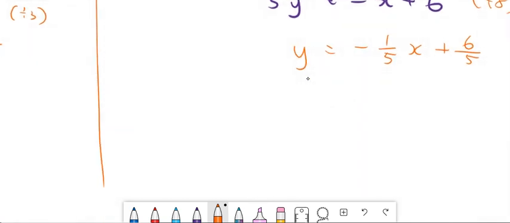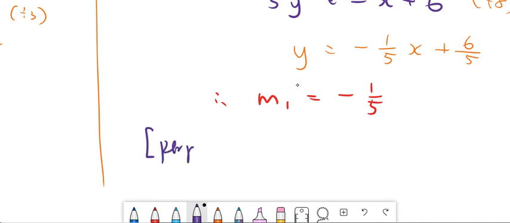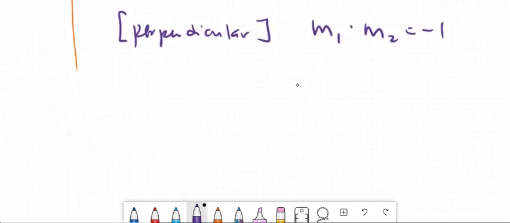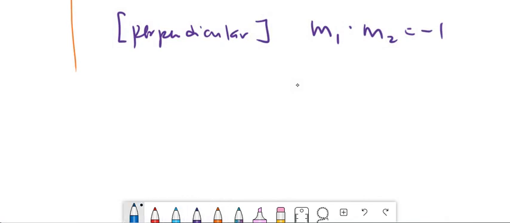So what's your m? Negative 1 over 5. The question says perpendicular. Write down the formula: m1 times m2 equal to negative 1. Since your m1 is negative 1 over 5, times m2 equal to negative 1, your m2 will be 5.